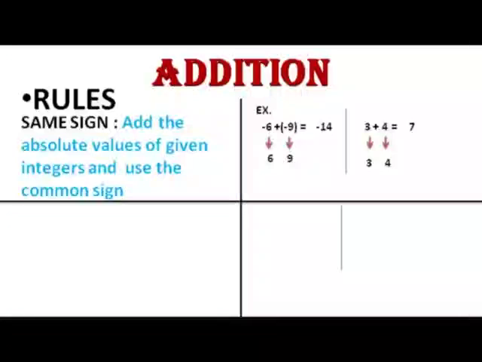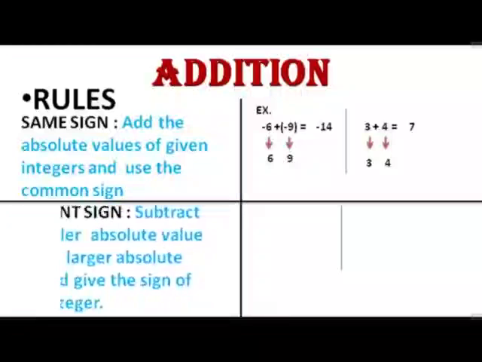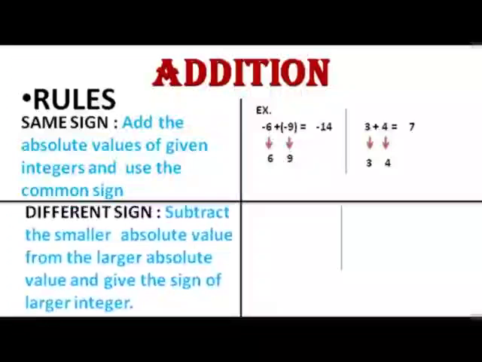Now, what if the integers to be added have different signs? You have to subtract the smaller absolute value from the larger value, and the answer will possess the sign of the larger number. Let us take the example -4 plus 6.